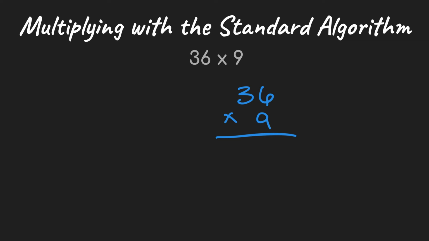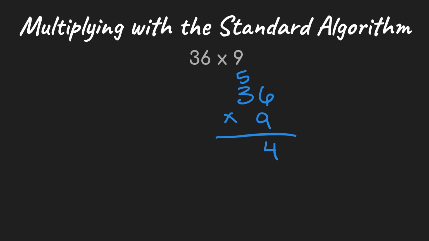All right. So how this works is we're going to do 9 times 6. Same as the box method, same as the box method without it, same as even the distributive property when we split apart a number. 9 times 6 is 54. Here's the trick. I'm putting a 4 here, and I'm going to regroup.